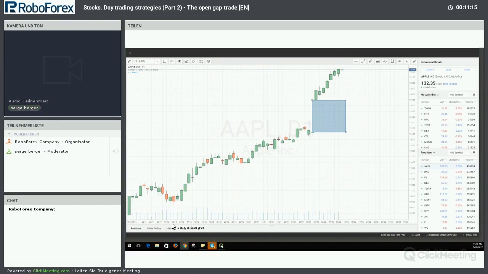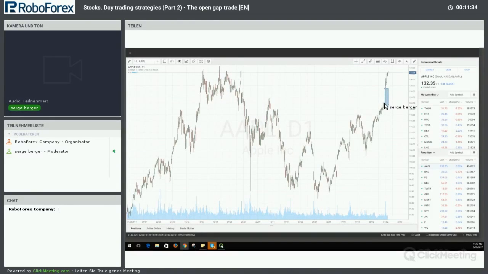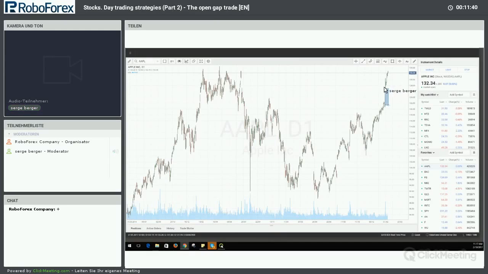So let me give you a couple examples. So Apple here is actually a really good example to start with, which is why I brought up the chart. And essentially what you can see is the stock gapped higher. So after earnings, this is just a number of days ago, the stock gapped higher and it was up here.